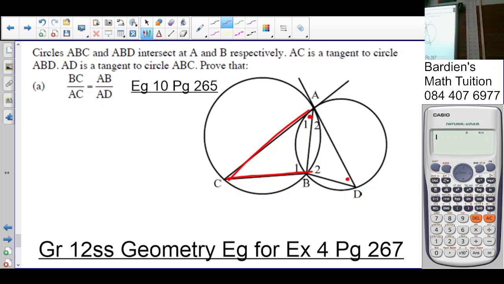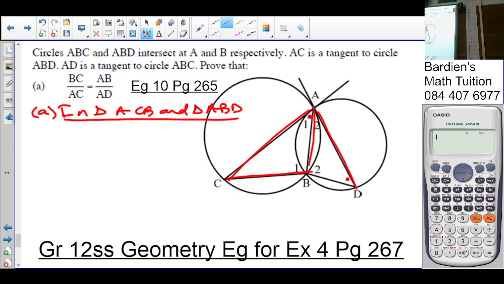Then we are told that you must prove that BC over AC is equal to AB over AD. So from there we know exactly which two triangles to work with: triangle ACB and triangle ABD.